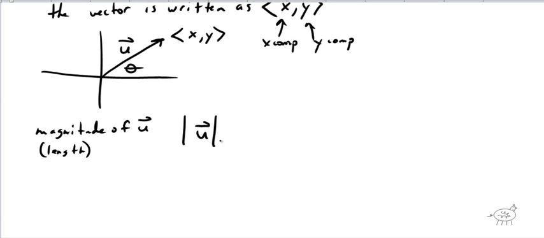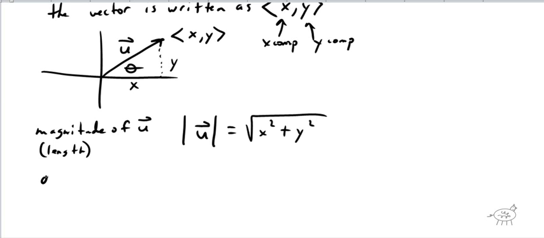Remember we talked about this already: that does not represent absolute value, it represents magnitude. If I look at this picture, this is x and this is y. Is it just the Pythagorean theorem? That's all it is, a squared plus b squared equals c squared. So the magnitude of u is the square root of x squared plus y squared. Very simple.